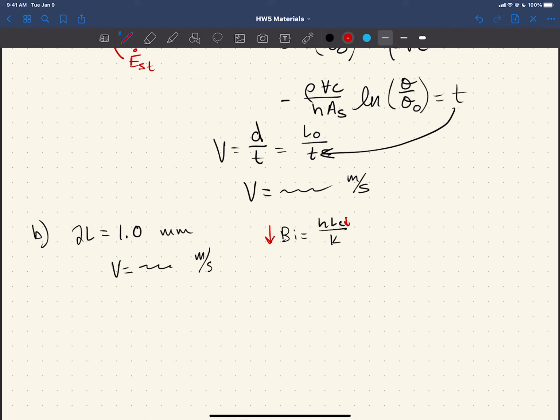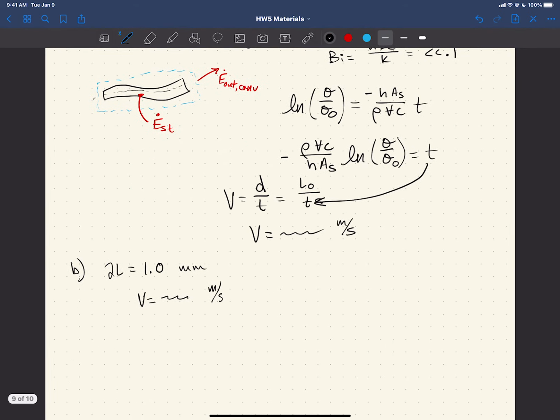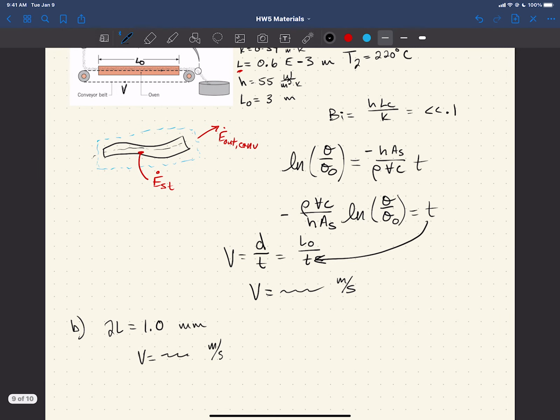So the Biot number has to go down, and so it's going to be even less than 0.1, and then you're okay. If you realize that, you don't actually have to recalculate it, but if you need to convince yourself, you can recalculate it and do all the same work, and you get a T, and then you use the T based on the distance of the conveyor that is covered by the oven, which is 3 meters and is given. You can calculate a velocity.